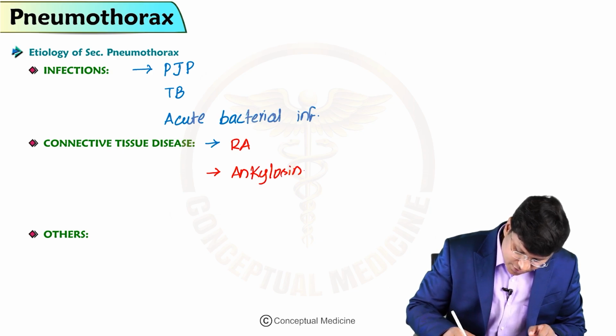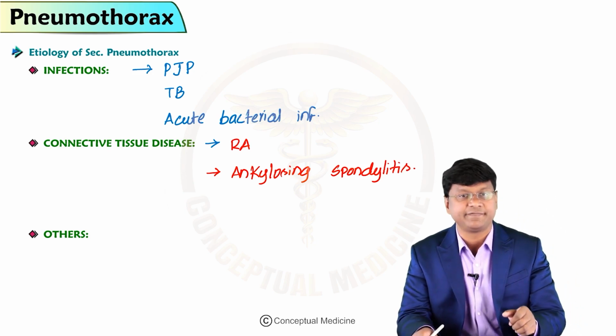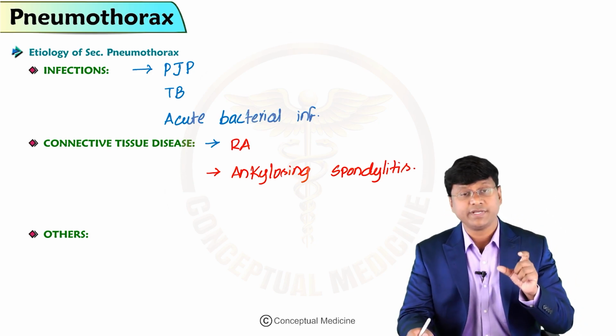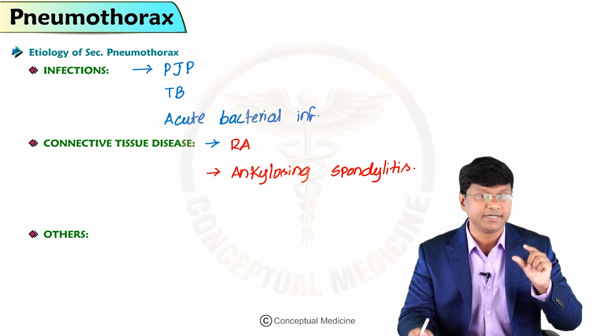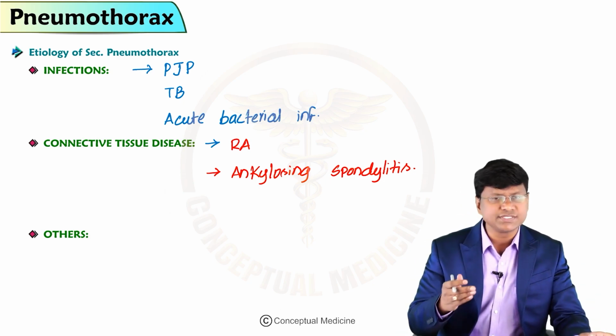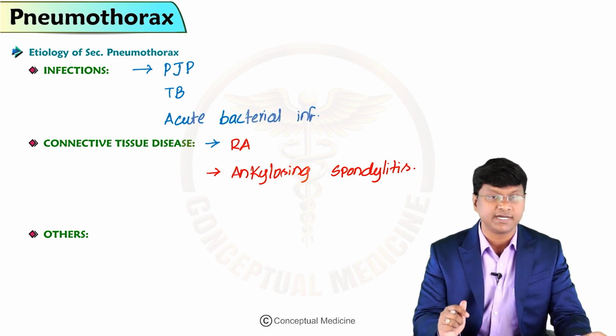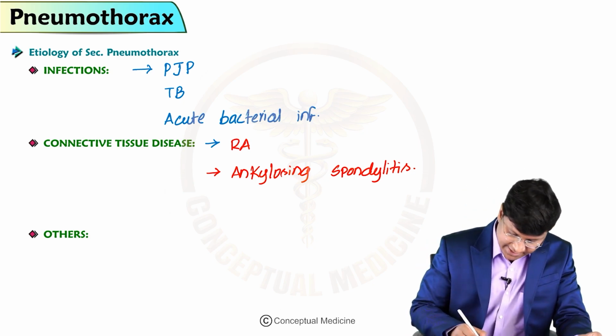In ankylosing spondylitis, mainly the sacroiliac joint and the spine are affected. So there will be degeneration of the sacroiliac joint and fusion of the vertebrae within the spine. That you will have in patients with ankylosing spondylitis. Even in ankylosing spondylitis, you have extra-articular manifestation, and the pulmonary manifestation will be in the form of pneumothorax.